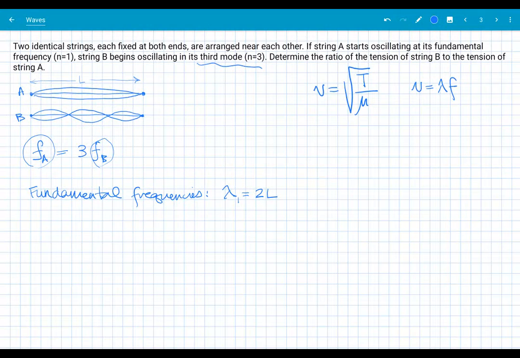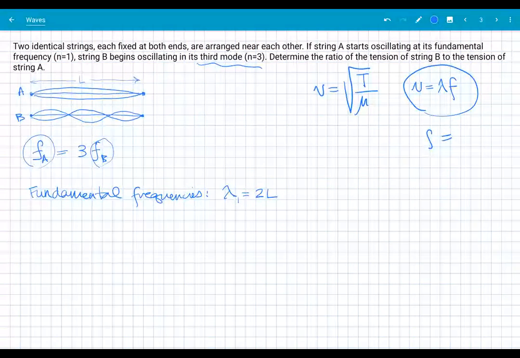So what I can do here is say, all right, what I know here is that the frequencies are the same. I'm going to go over to the right-hand side of the page now. I'm going to solve for frequency: frequency is equal to wave speed over wavelength. I'll apply that for each one.